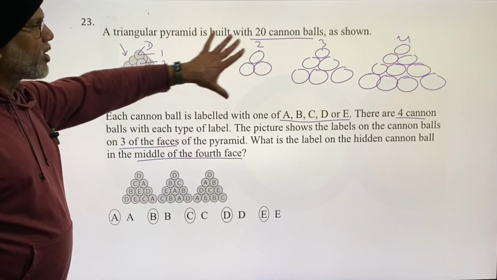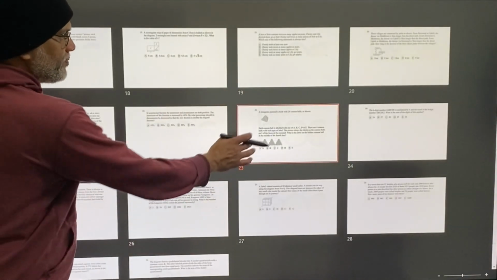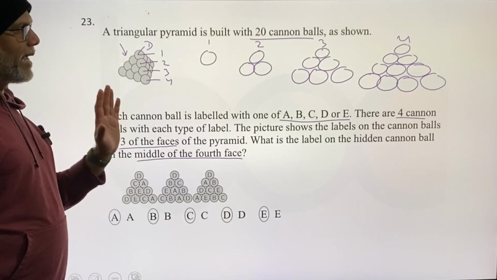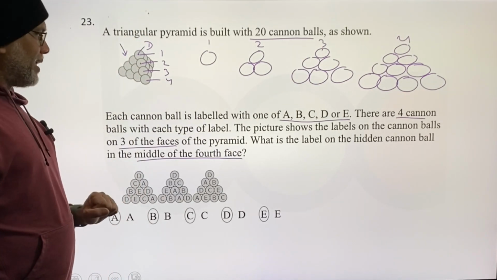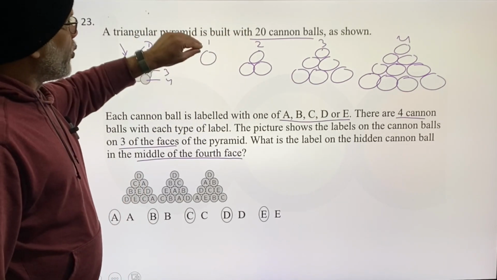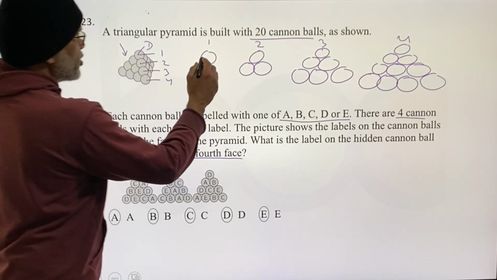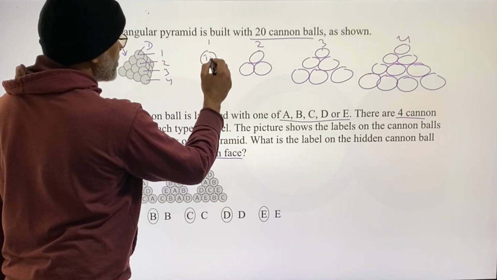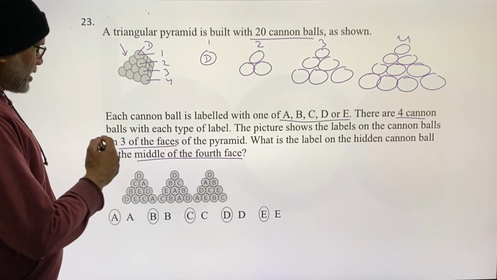And if I draw the layers like that, I know that none of the ball is repeated here, right? Now I have to level them, which ball is which. Okay, so I know that D is on the top layer, so this must be D. Okay, now let's look at the second layer.